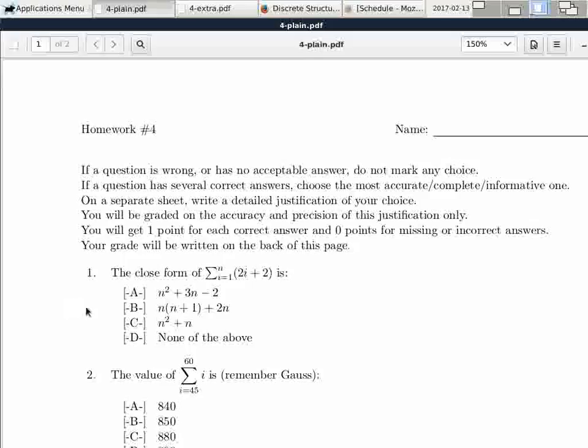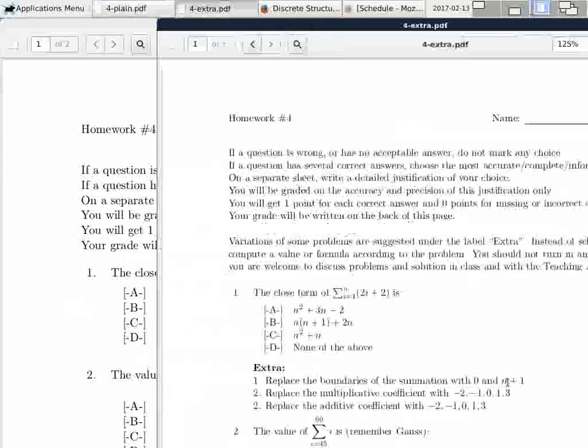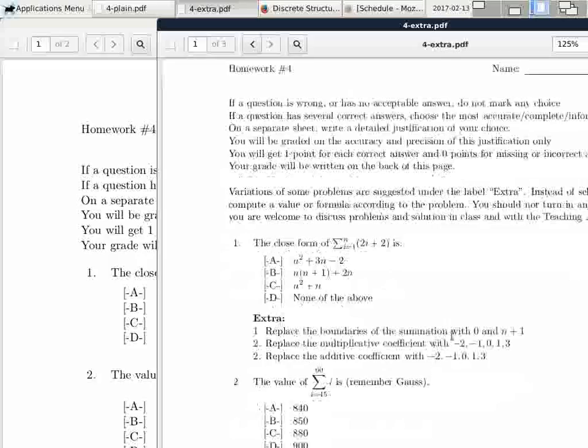The second is exactly the same. But then it says, look, the summation goes from 1 to n. Try instead 0 to n, or 0 to n plus 1, or 1 to n plus 1. You can add or remove 1 at the beginning or 1 at the end.